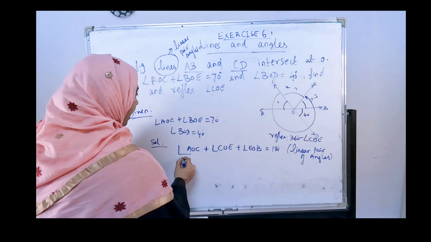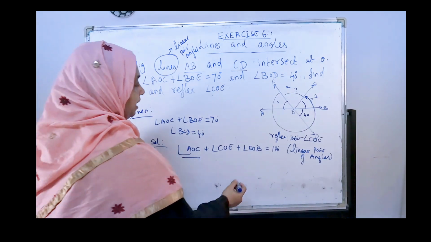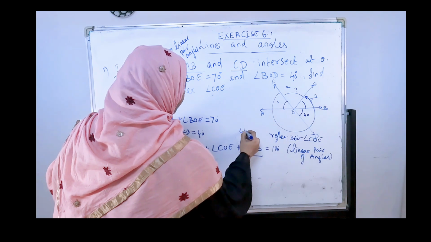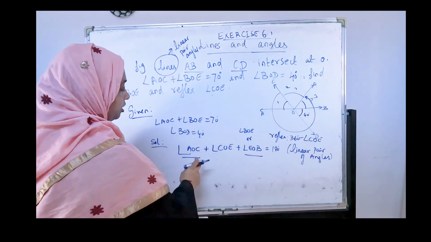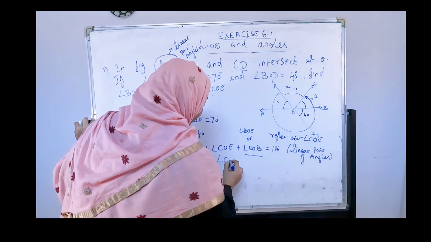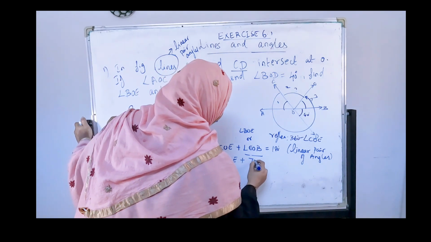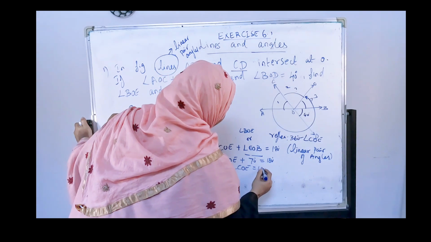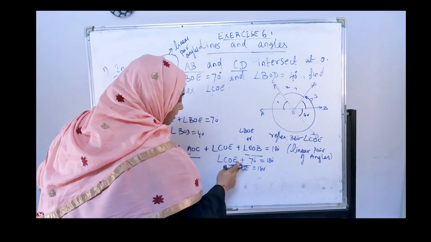In this one, AOC as well as EOB or BOE, these both together they have given us 70 degrees. So we write COE plus 70 degrees equals 180 degrees, and COE equals 180 minus 70.